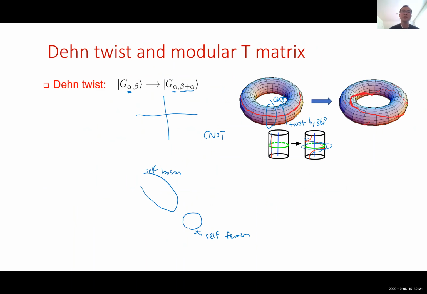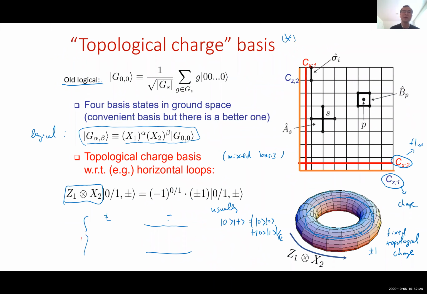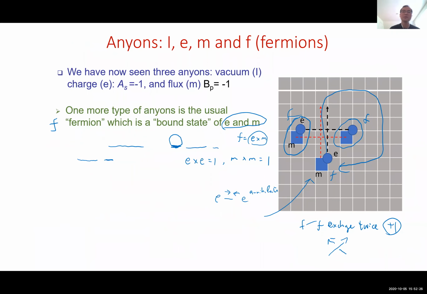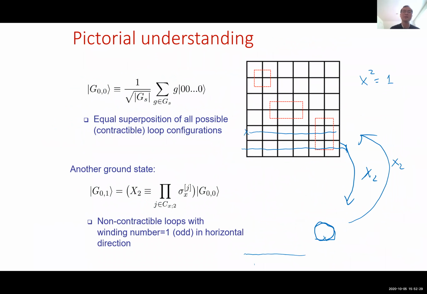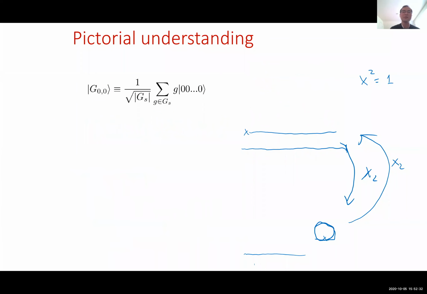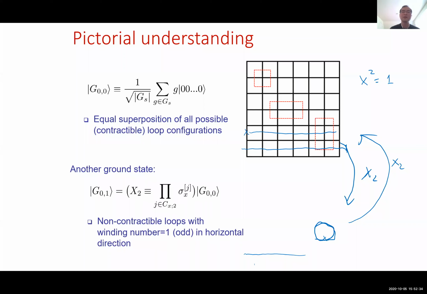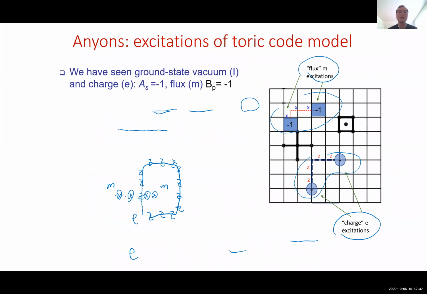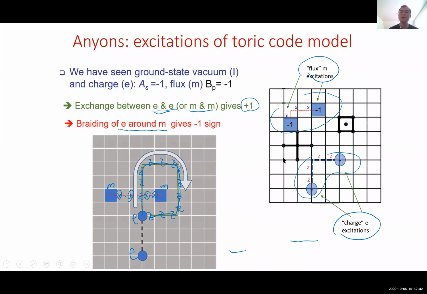Okay, so maybe I just go back a little bit. So we start with a model and we construct a logical operator, and we find that there are excitations that you can characterize as charge, flux. They are really created by the simple X and Z operators. And you can imagine braiding these around. Braiding is really just applying, for example, operator Z, and then that would drag the excitation for a whole loop.